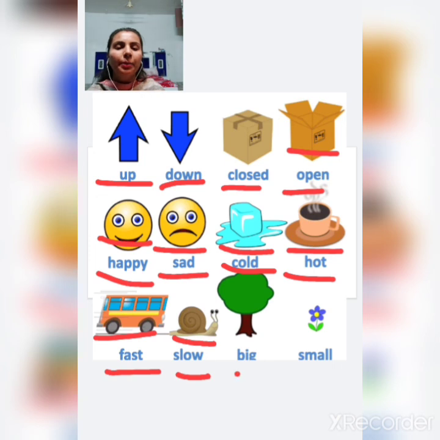Next is BIG, big, and this tree shows that it is a big tree. And the opposite of big is SMALL, small, and this small little flower shows that it is a small flower. In this way, similarly, you have to make some pictures and write down the opposites of them.